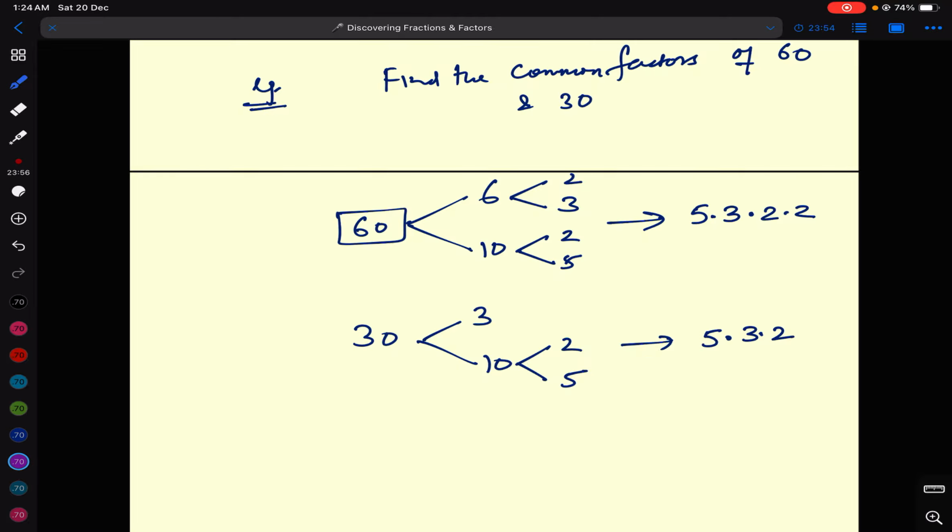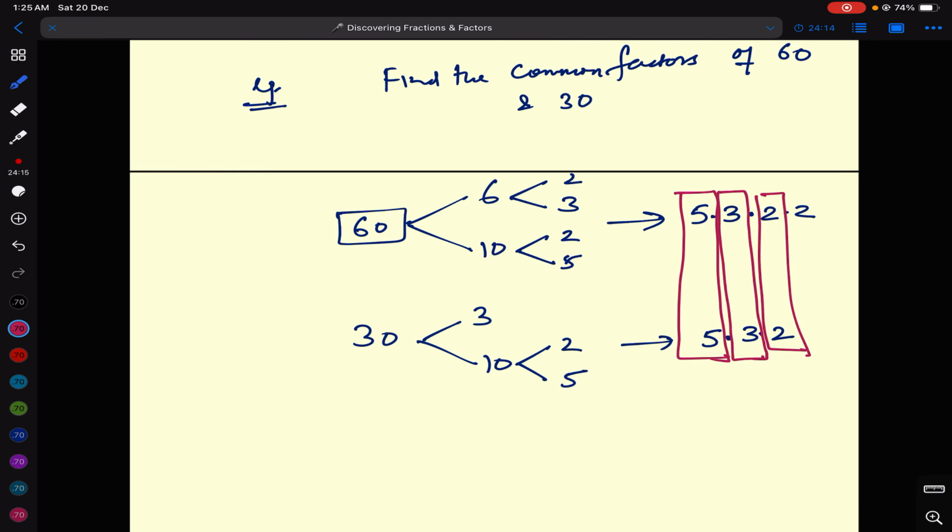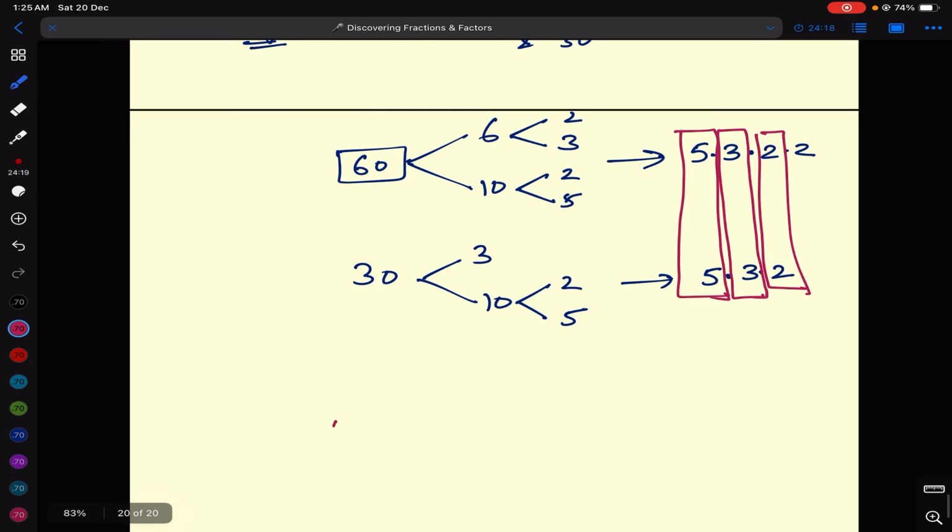Now if you see here, these are the common factors, right? So 5, 3 and 2 act as common factors in this case. When we combine them, 5 times 3 times 2 is 30.